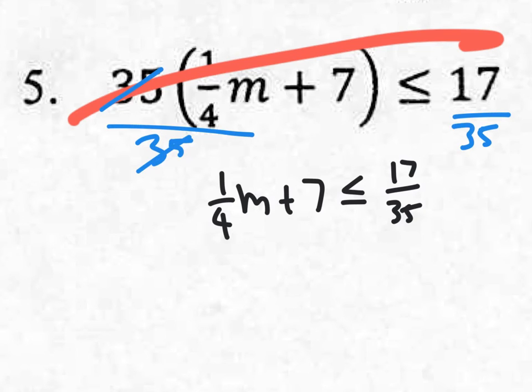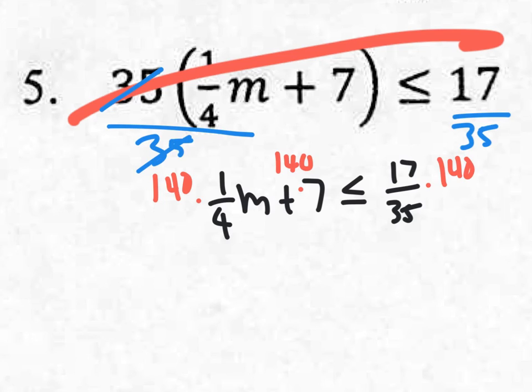Now at this point you could multiply everything by 4 if you wanted to get rid of the 4. Multiply this by 4, this by 4, and this by 4. Or you could multiply this by 35, this by 35, and this by 35 to get rid of the 35. Or you could get rid of both by multiplying by the LCD, which you can find on your calculator. If you go 4 times 35, you get 140. So if you multiply by 140, and multiply by 140, and multiply by 140, it'll get rid of all the fractions at the same time.